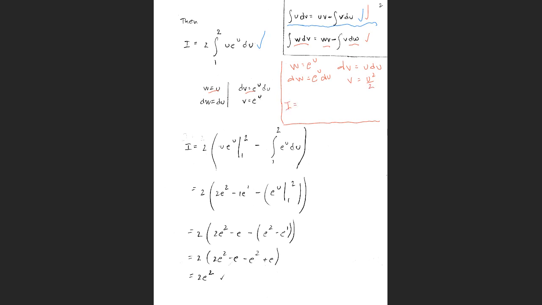And so the integral would be then e to the u times u squared over 2, evaluated from 1 to 2, minus the integral of u squared over 2, I'm just following this formula here, u squared over 2 times e to the u du, right?